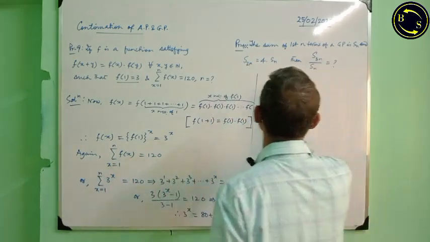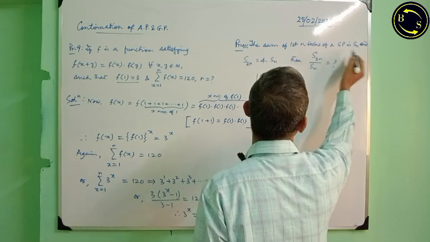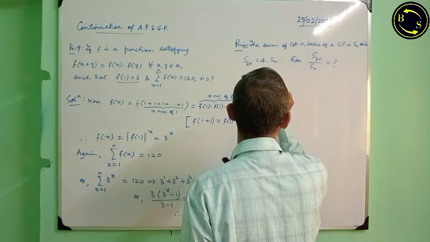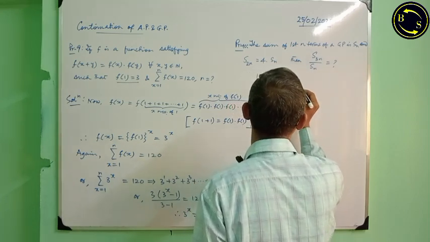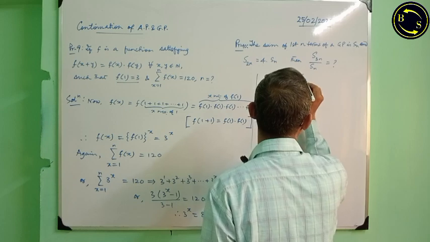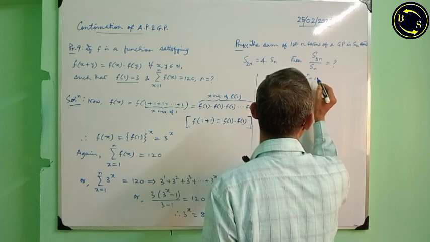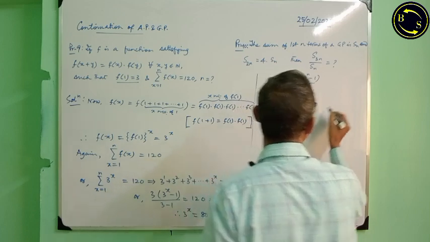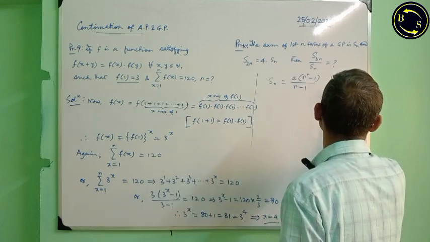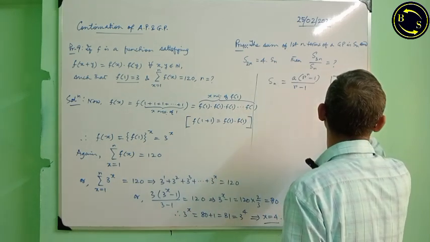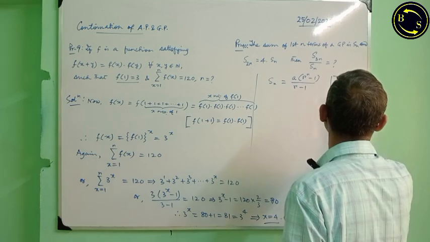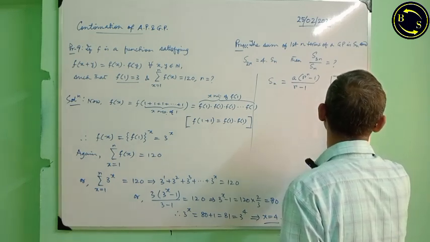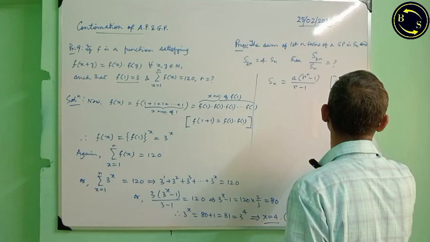Here, sum of GP, that means Sn, is equal to a, where a is the first term, r is the common ratio.